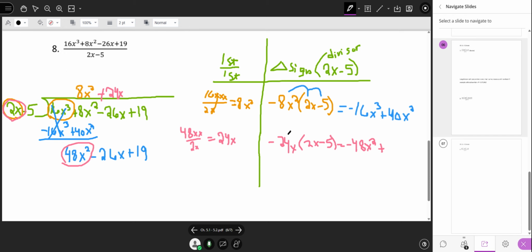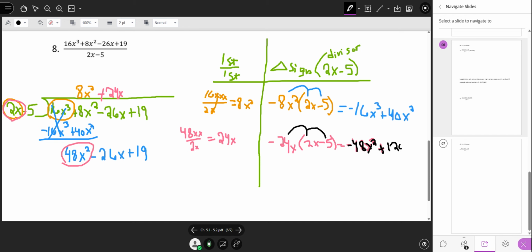By the way, we are spreading the jam. Negative times negative here. And 24 times 5 is 120.